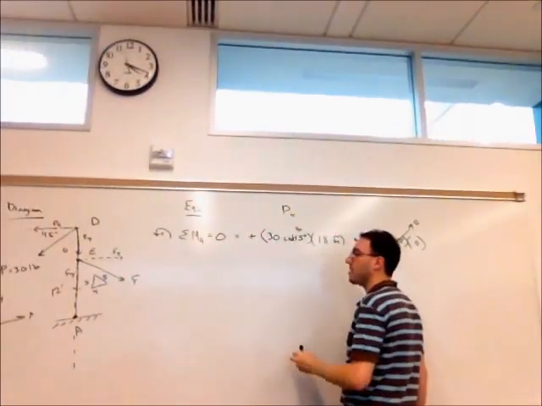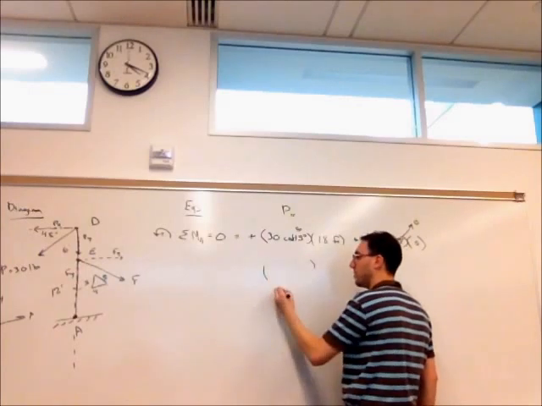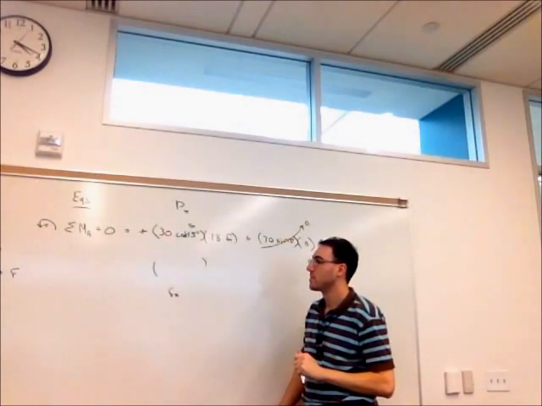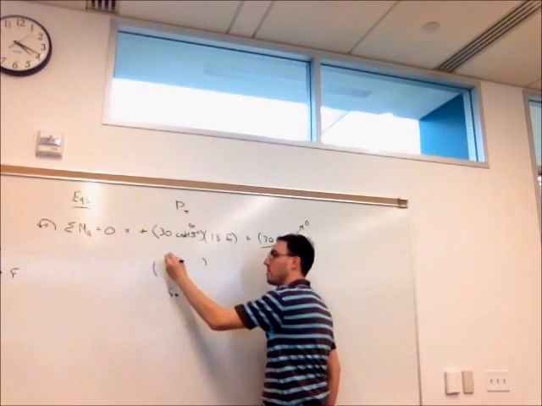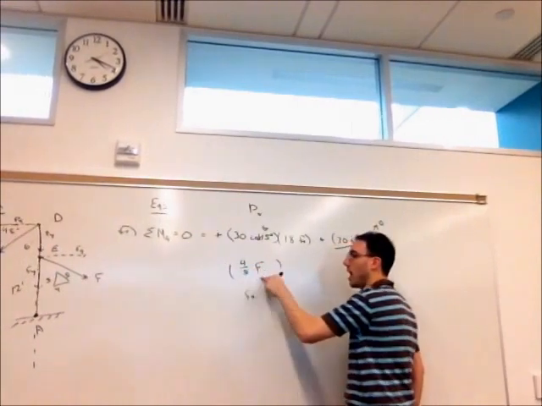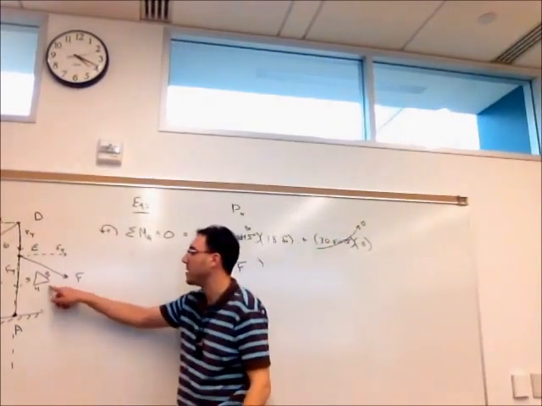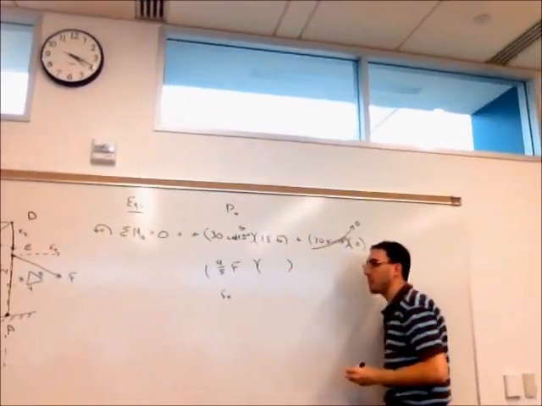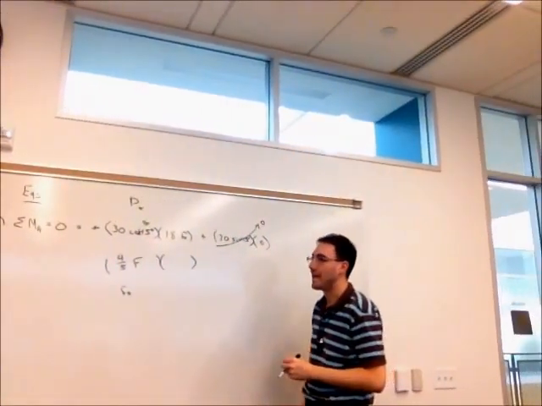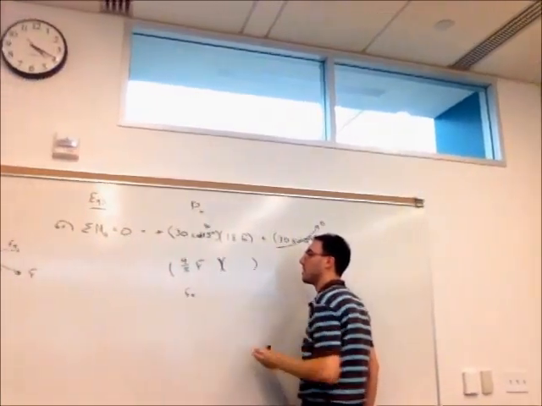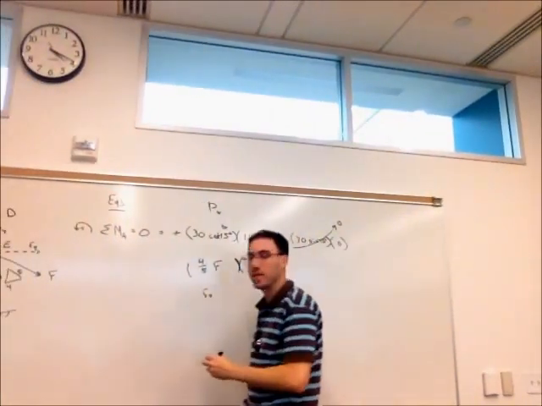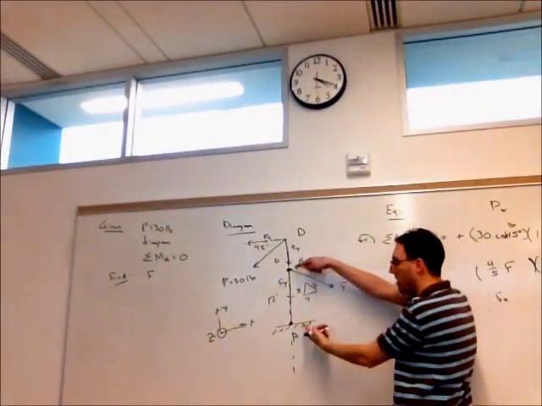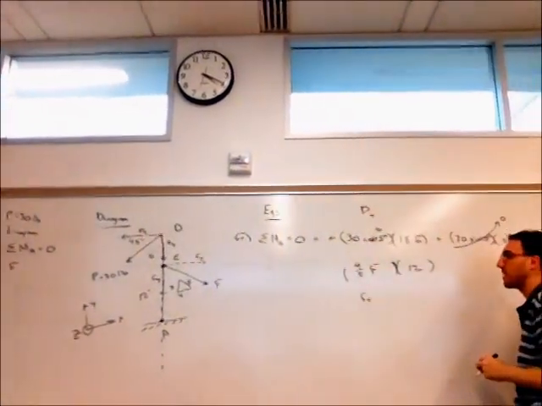Now for the Fx component, what is Fx equal to? Right, so we don't know its magnitude, but we know it's a piece of F, and we know specifically, since we know the direction, 4/5 times F, and then the perpendicular distance from Fx to A. Right, so these forces are acting at E, they're closer to A, so that moment arm, we call it, is smaller, 12 feet, as opposed to 18 for the previous one.